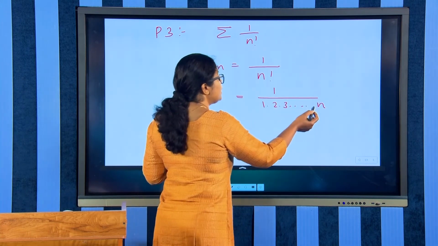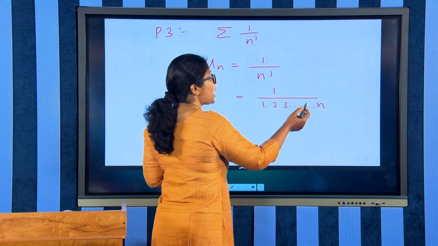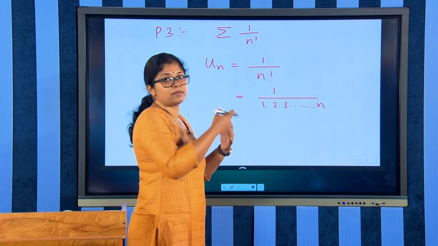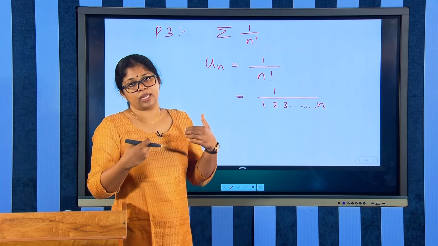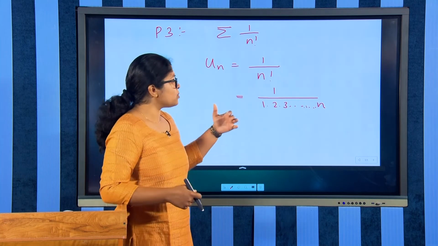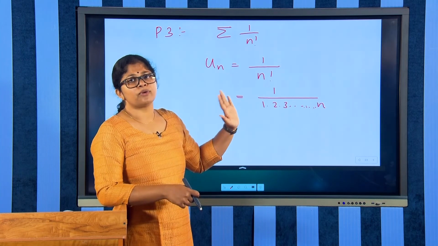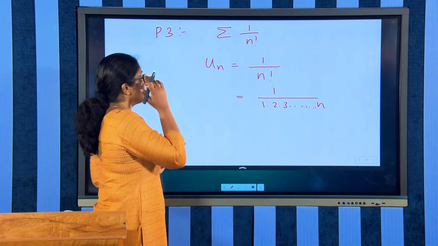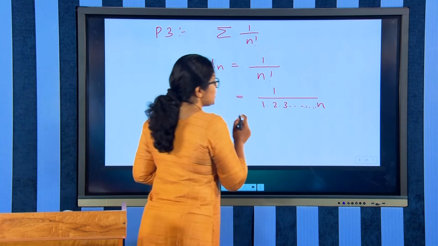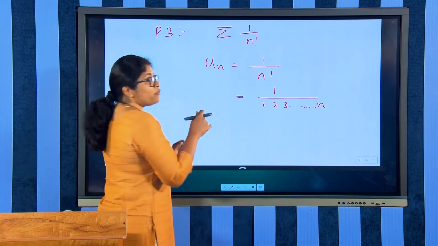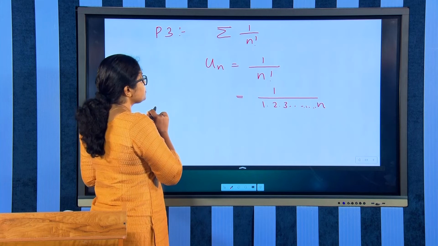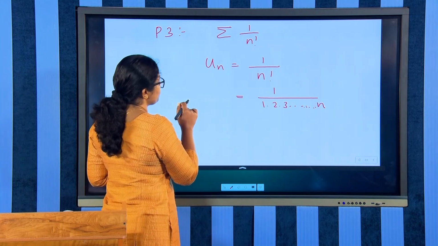So, there are many terms containing n, and we have to take out n from all the terms in order to take the maximum power of n outside. That is not so useful for our limit comparison test, and so we go for the direct comparison test. Just look at the terms of the series.